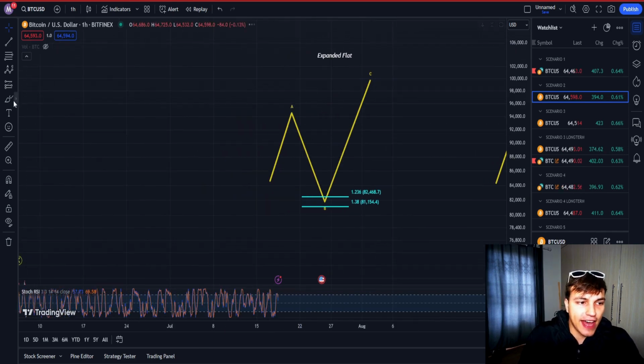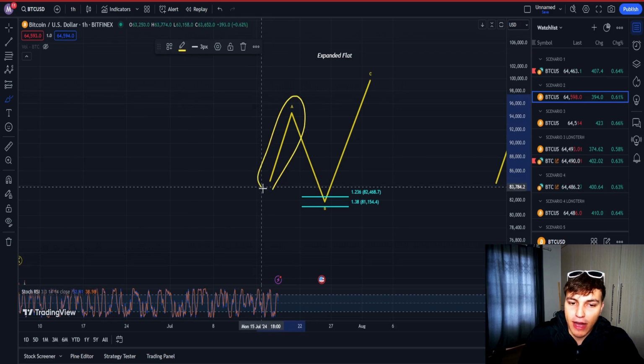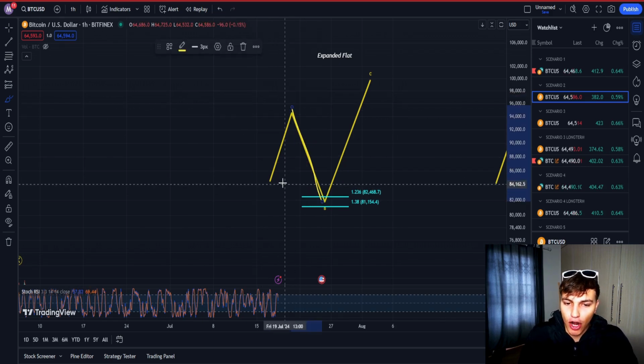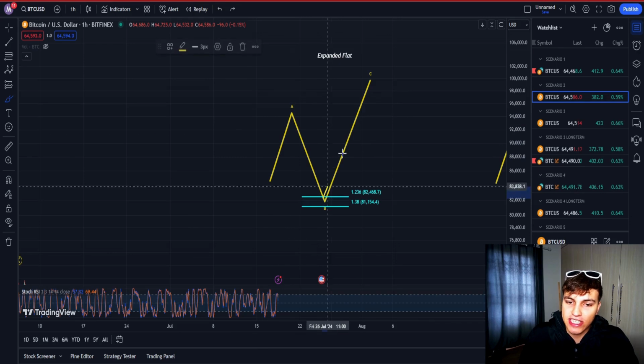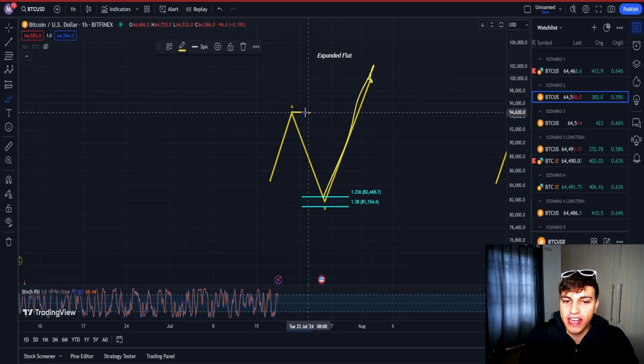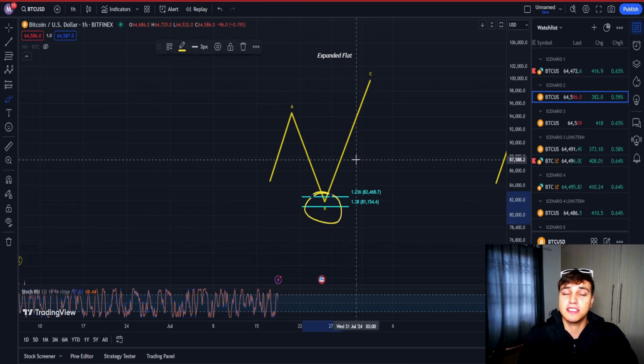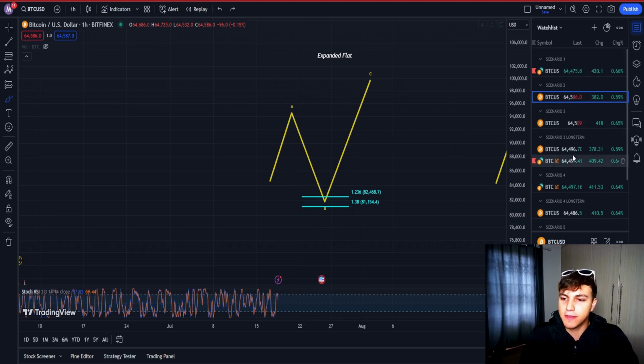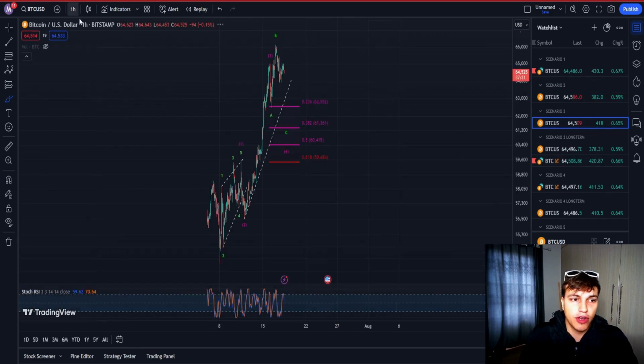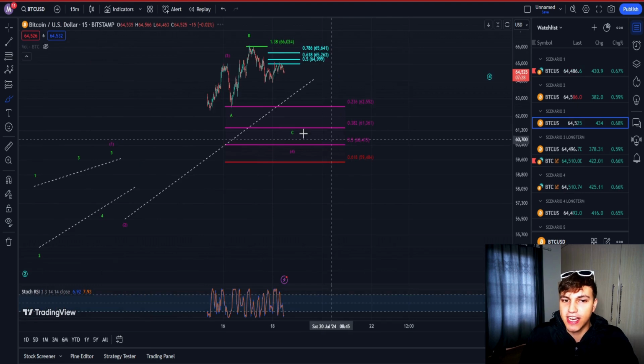We can see that the A wave is up, a B wave that takes the low of A, and a C wave that expands greater than the price action of A. This B wave often targets the 1.236 to the 1.38.